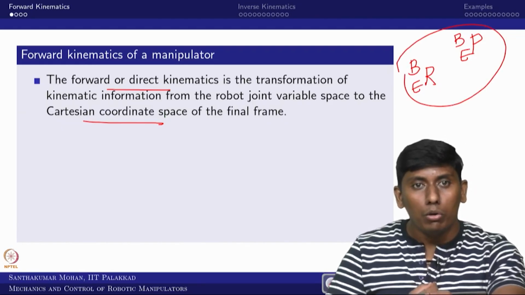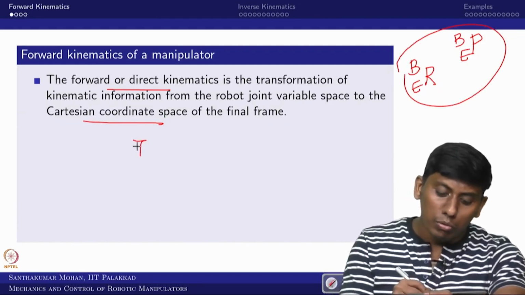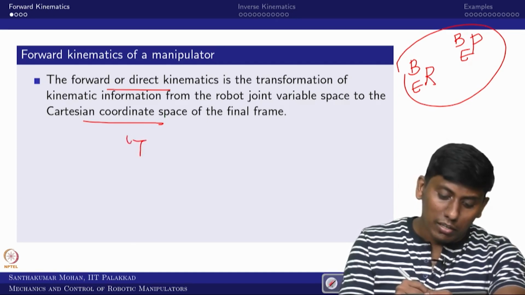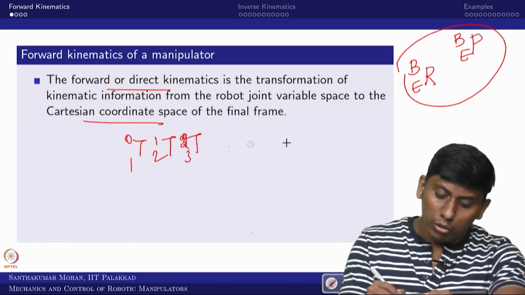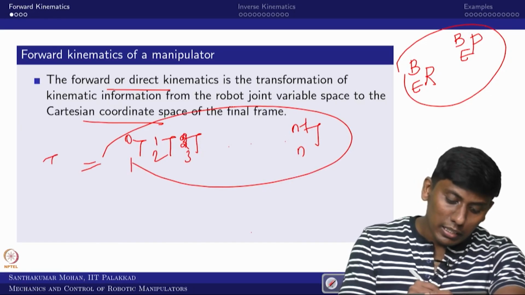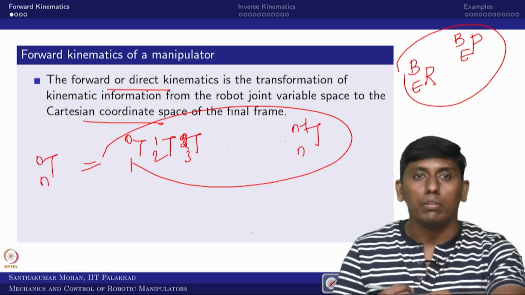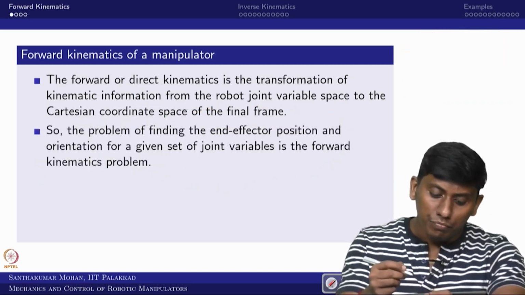For that, what we already know is that if you know the individual transformations, you multiply them, from n minus 1 to n, and you will get T0 to n. That is what we are trying to find.